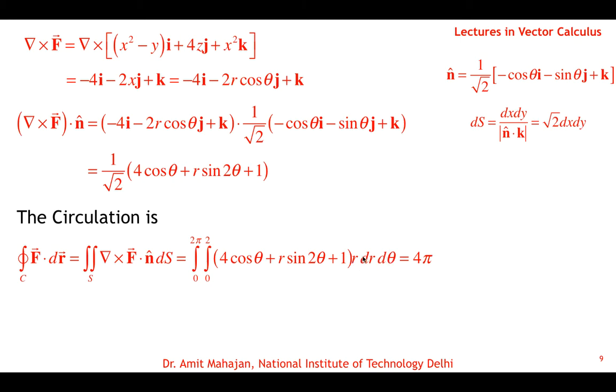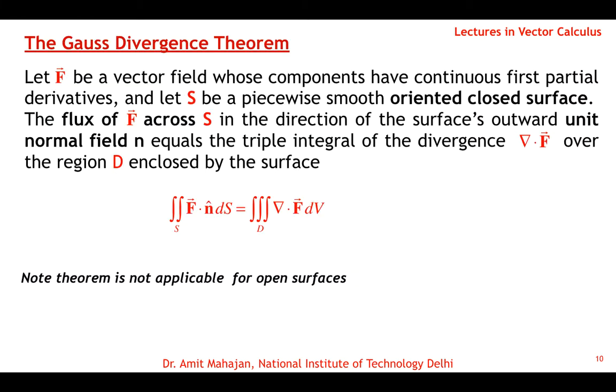Okay, so r dr d theta, and the limits of r will be 0 to 2 and theta 0 to 2 pi. So first we can integrate with r and then with theta. Substitute upper limit minus lower limit. Okay, so you can find that the circulation around the curve C is 4 pi.